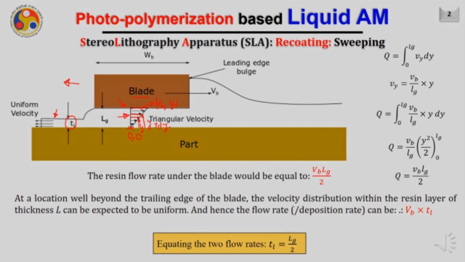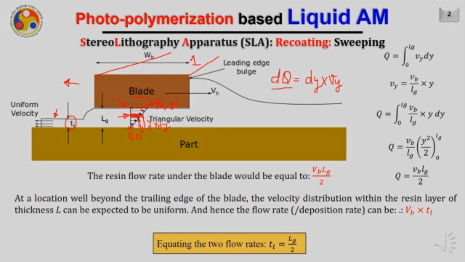and of course this is y, then the mass flow rate under this zone will be equal to, better write it dq because this is the small strip we are considering, dy into the velocity of the liquid resin in this zone. Also it should be multiplied by the width, of course, and assume that the width of this entire system is unity, that is 1.